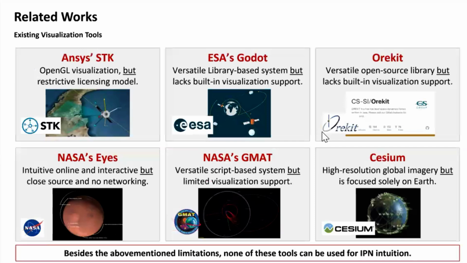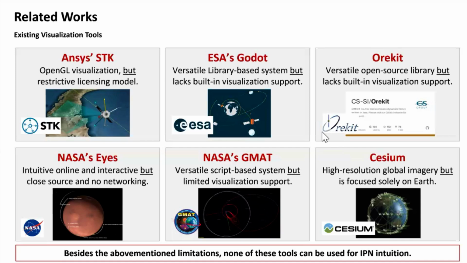There are quite a bunch of tools around that we can consider for helping us get this intuition. Most of these tools have some visualization capabilities that we can use. I would say that STK is possibly one of the most advanced in terms of features. STK is a quite sophisticated satellite and orbital propagation tool with a lot of plugins to do many things related to space design and operation.